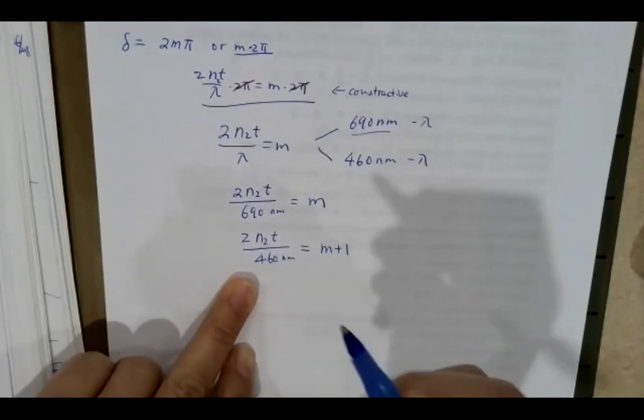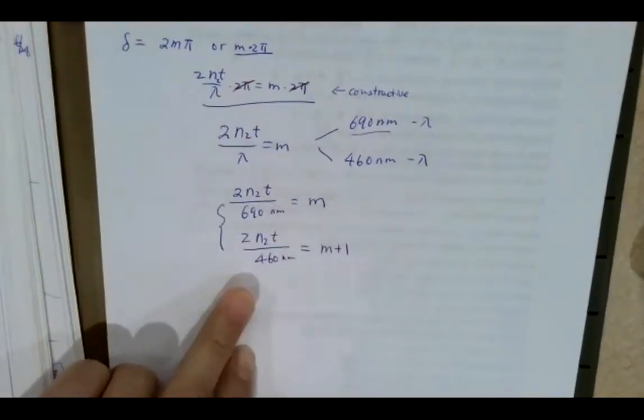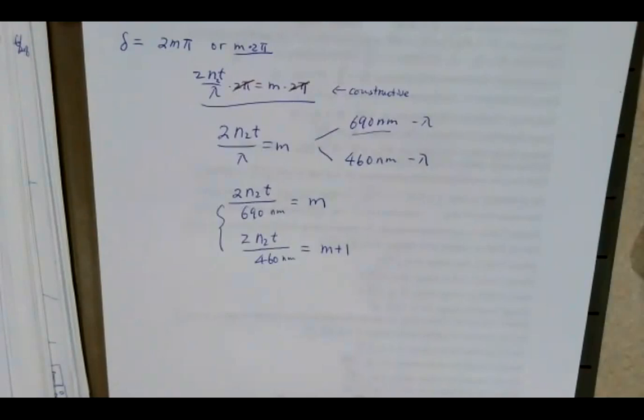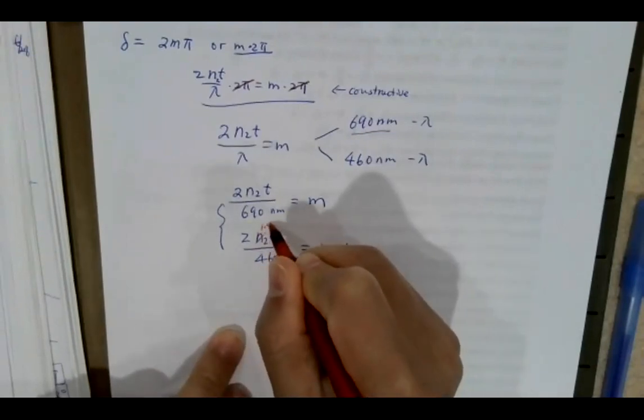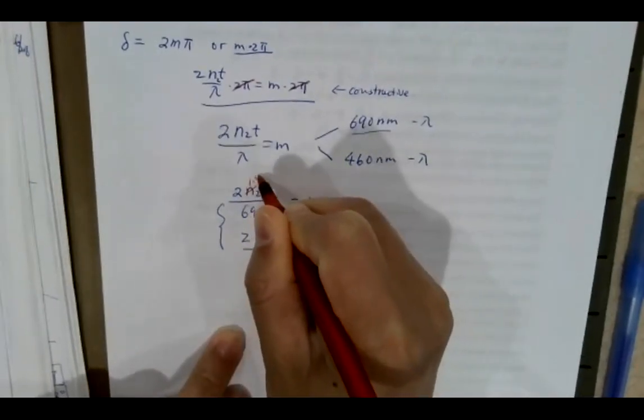So then you have those two equations. The n2 is 1.45, that's given.